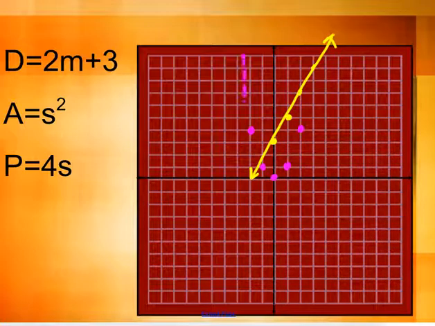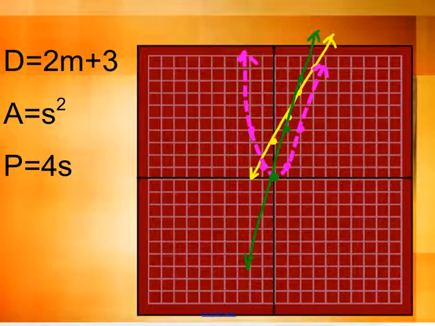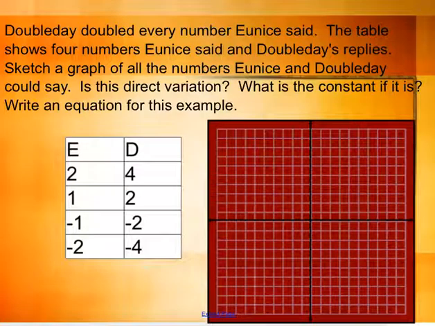Once again, it does go through the origin in this case, but it is not a straight line. And lastly, our perimeter equals 4s. We will have right here something like this. And so yes, it is a straight line. It goes through the origin. It follows the equation pattern. So yes, this is direct variation.